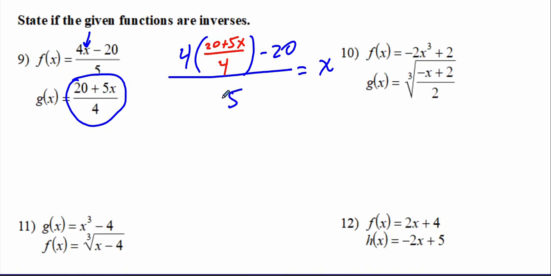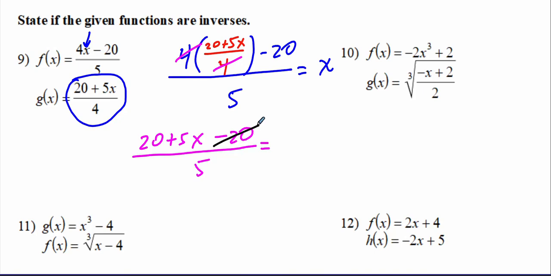Notice what happens right away: the 4 multiplies this parenthesis, and the 4's cancel. What's left is 20 plus 5x, minus 20, and the whole thing divided by 5. The negative 20 and positive 20 cancel, and 5x divided by 5 is x.